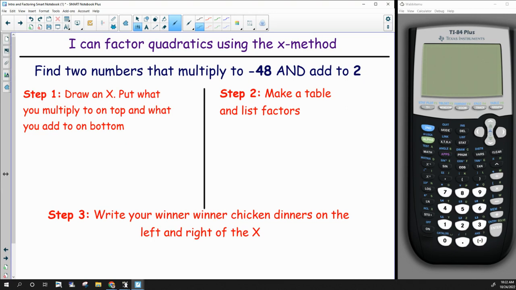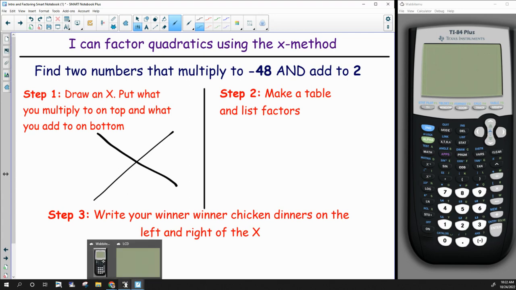So here's how we're going to do it. We're going to start by step 1. Draw an X. Draw an X. On the top of your X, you're gonna write what we're multiplying to, negative 48.